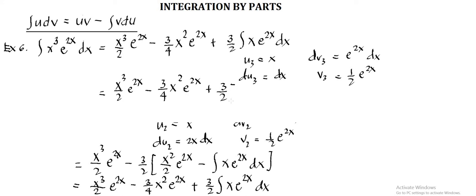Okay? So, ngayon, i-apply uli natin yung ating integration by parts, yung ating formula. U times V. So, U3 times V3, x times 1/2 e to the 2x. So, kakaroon tayo ng x over 2 e to the 2x minus integral of v du. v sub 3 du sub 3, ano?